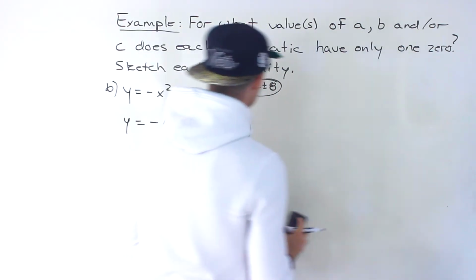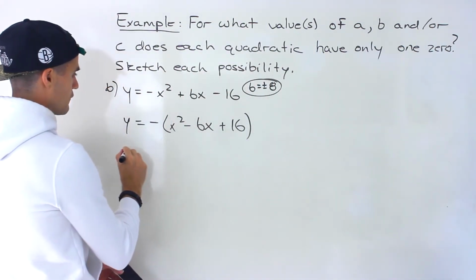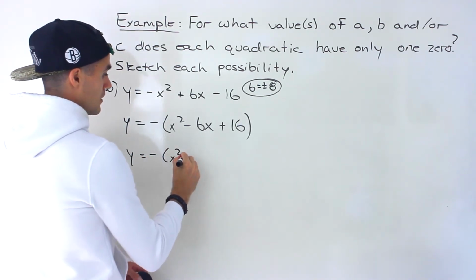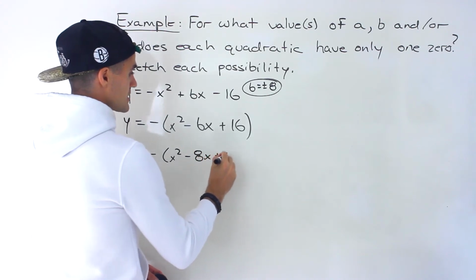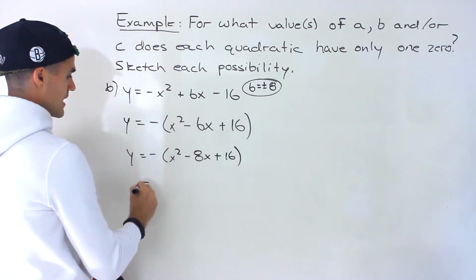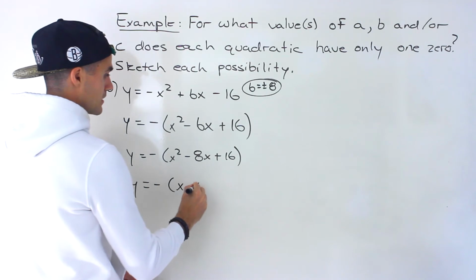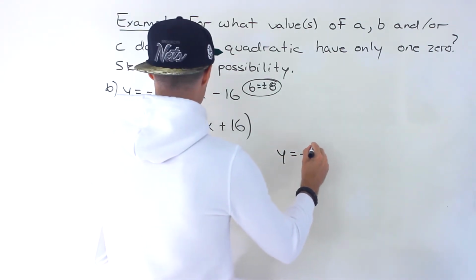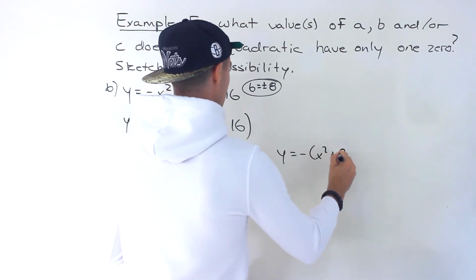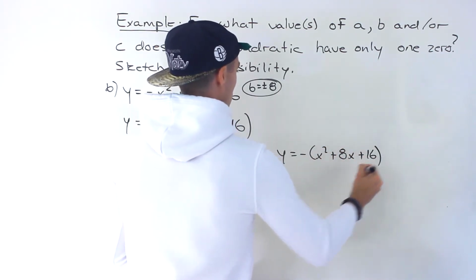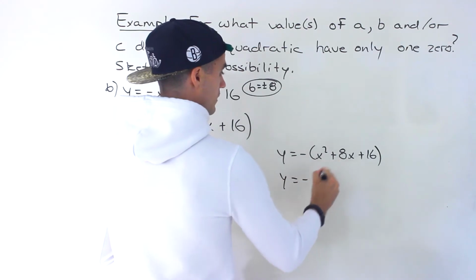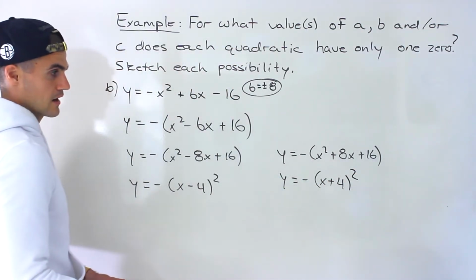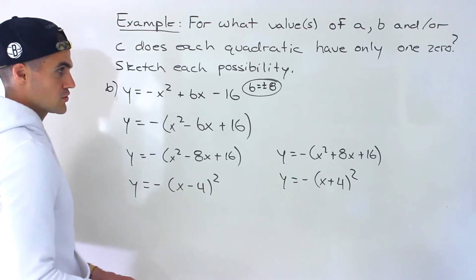Well, we would end up either having y equals negative x squared minus 8x plus 16, and then this here is actually going to factor into x minus 4 squared, or we can have x squared plus 8x plus 16 over here, and then this bracket factors into x plus 4 squared. Those are the two possibilities.